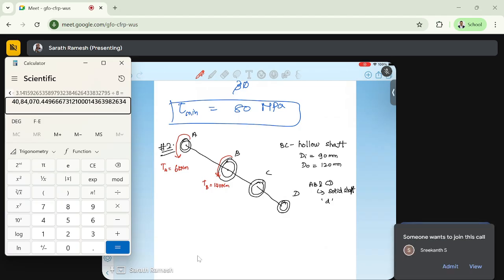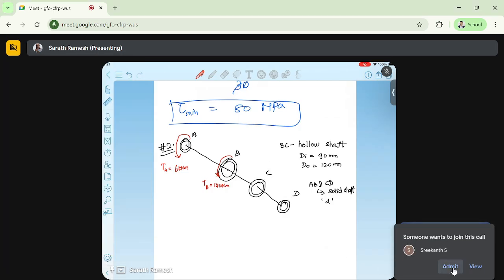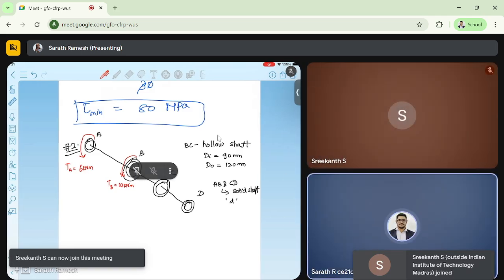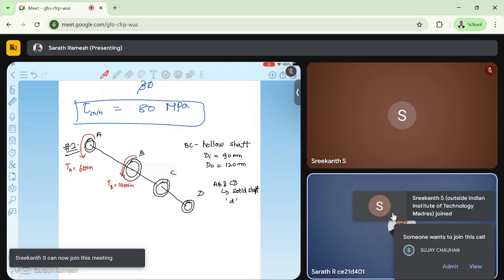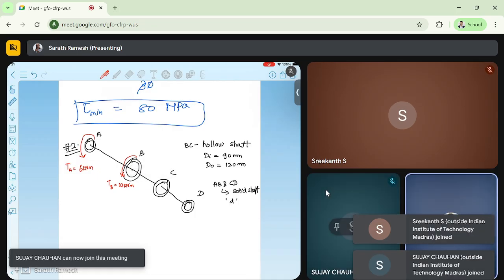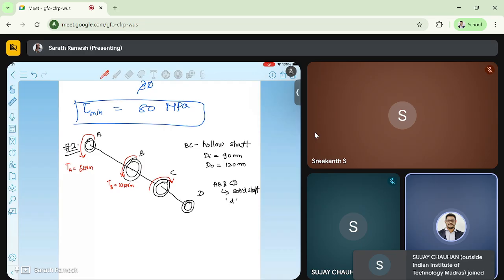And at C, there is a torque applied in the opposite direction. This is TC, given as 26 kilonewton meter, and at D there is another torque in the opposite direction. So TD equal to 6 kilonewton meter.